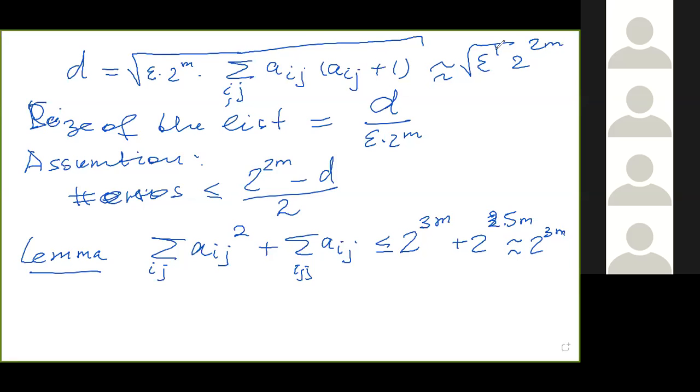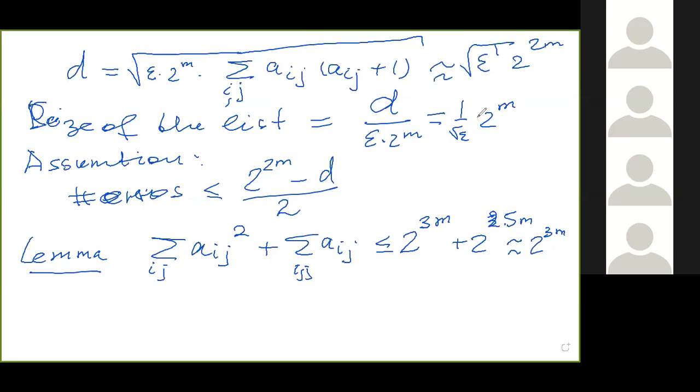So in total, square root of epsilon 2 to the 4m. And so the size of the list is then 1 over square root of epsilon times 2 to the m. So this is worse than in Johnson bound.